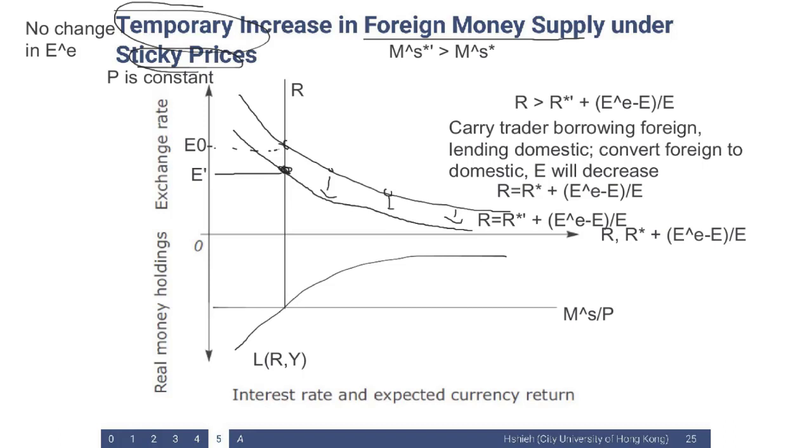We have carry traders borrowing foreign and lending domestic. They need to convert foreign to domestic, and E will decrease. And the economic mechanism for increasing the money supply in the foreign country is the same as the previous slide.